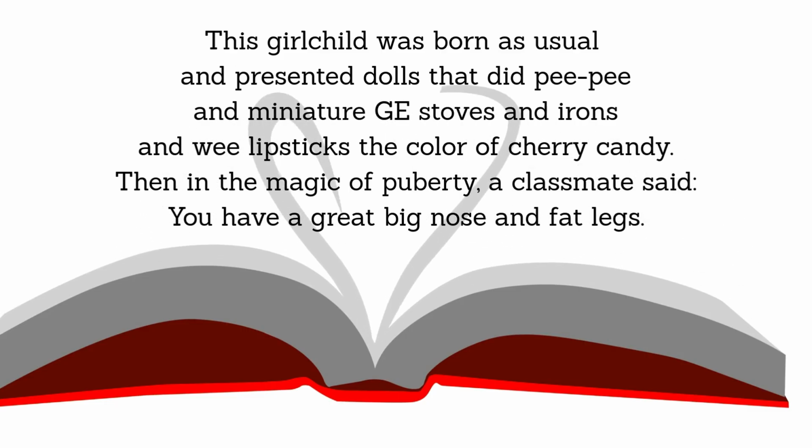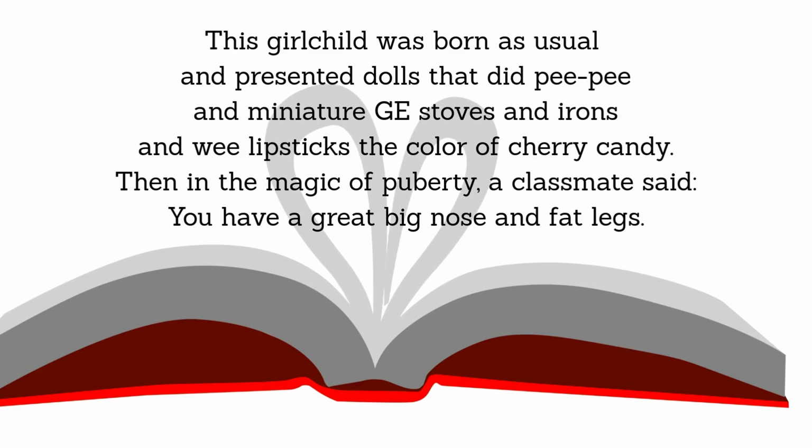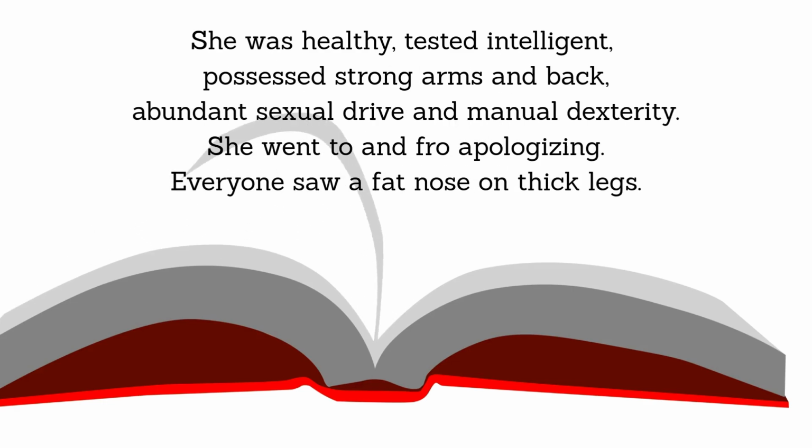The girl child was born as usual and presented dolls that did pee and miniature GE stoves and irons and wee lipsticks the color of cherry candy. Then in the magic of puberty, a classmate said, "You have a great big nose and fat legs." She was healthy, tested intelligent, possessed strong arms and back, abundant sexual drive and manual dexterity. She went to and fro apologizing. Everyone saw a fat nose on thick legs.